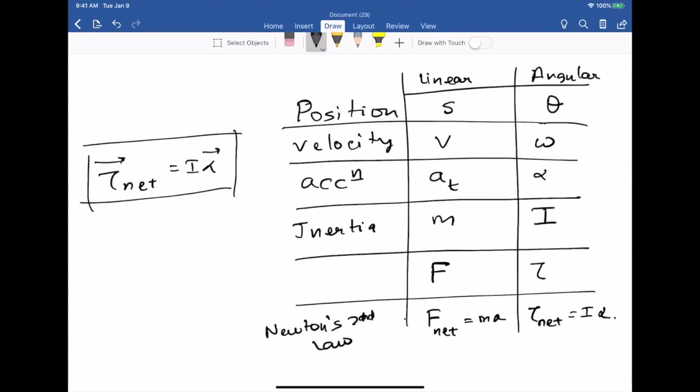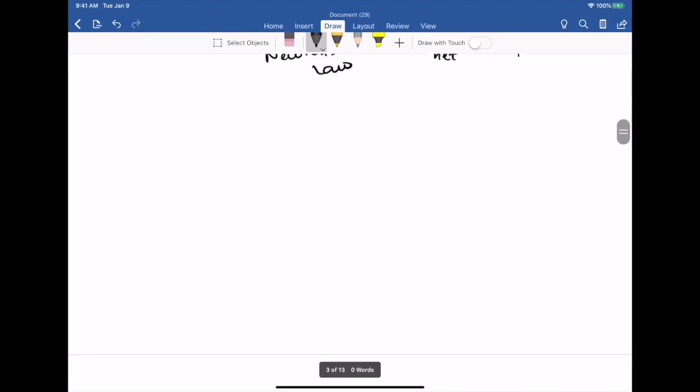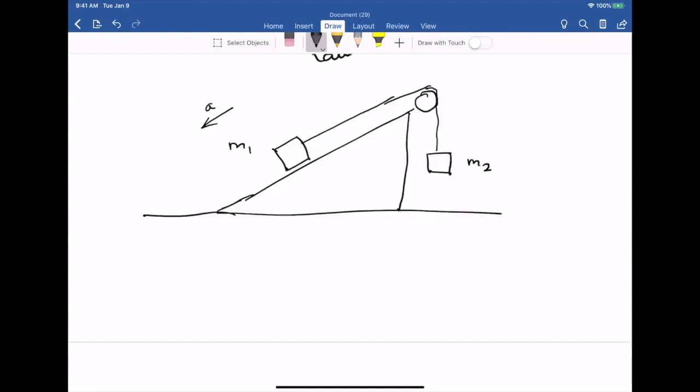Okay, we're going to work through the problem on slide 14. This problem is about as complicated as these problems can get. All right, so in this problem, we have this inclined plane.